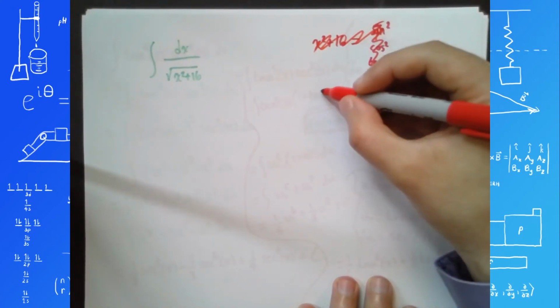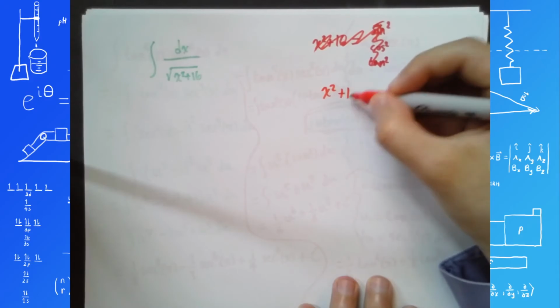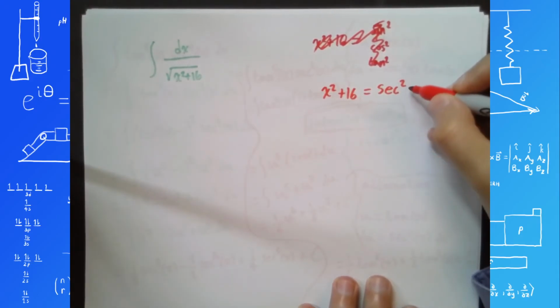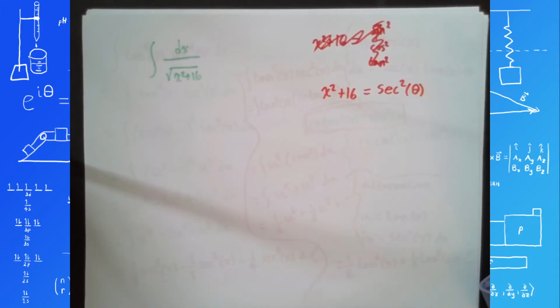Anyway, I want my x squared plus 16 to become secant squared of, well, I can't call it x because that's already taken, so let's call it secant squared of theta. Okay, that would mean, well, actually, do I want my x squared plus 16 to be secant squared of theta?